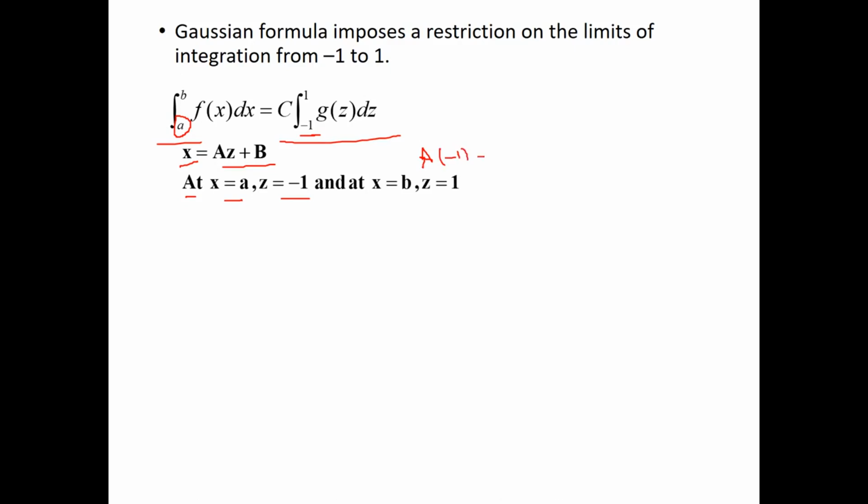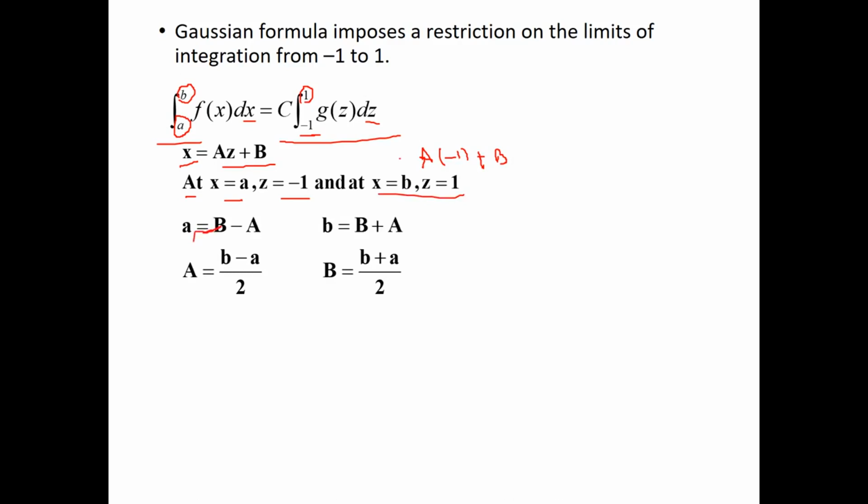So a -1 plus b. And from here we can see, this is by observation, that when x, because it is with respect to x, so when x is equal to b we have z, so it is 1. So when x is equal to b, z is 1. This is the assumption we can say.